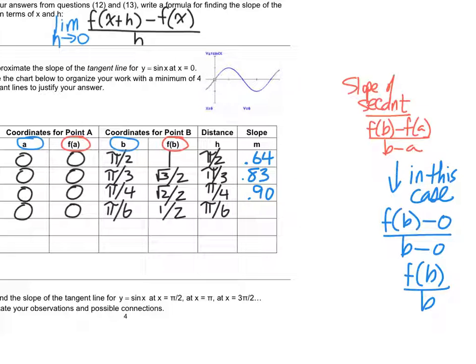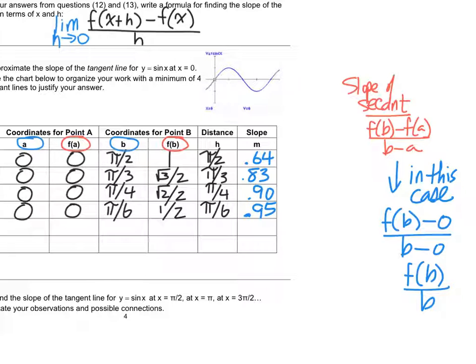It seems to be towards 1, right? So about 0.95 for this one. Say they're finding 1.1. Now, if you're convinced at that point that it's going to 1, you're good. But maybe it's a trick question. Maybe the slope is going to 0.95.